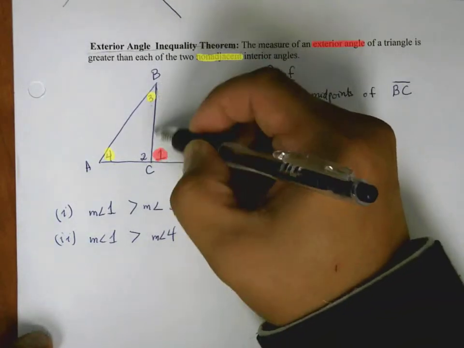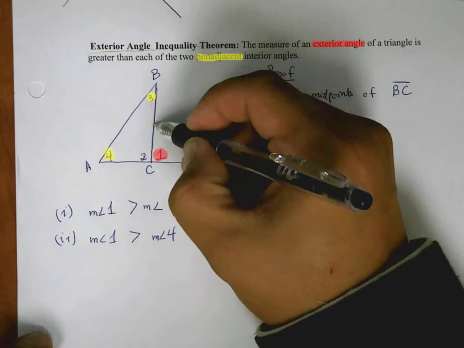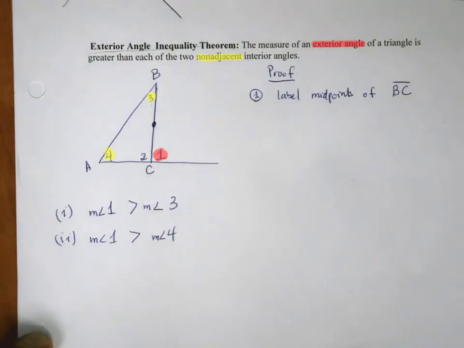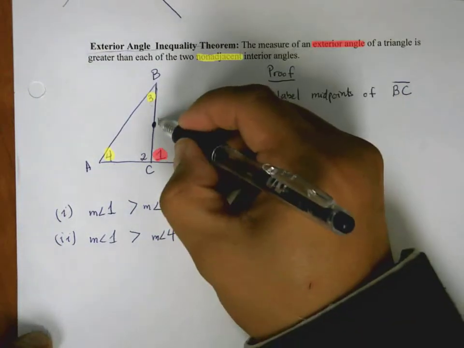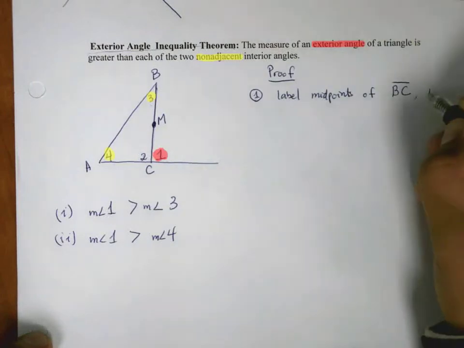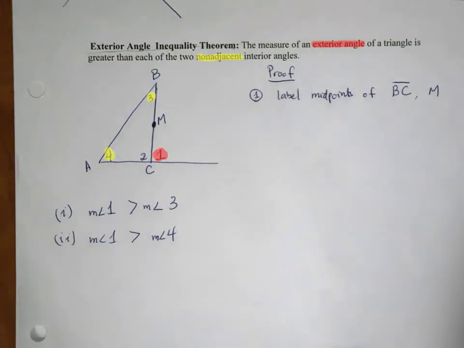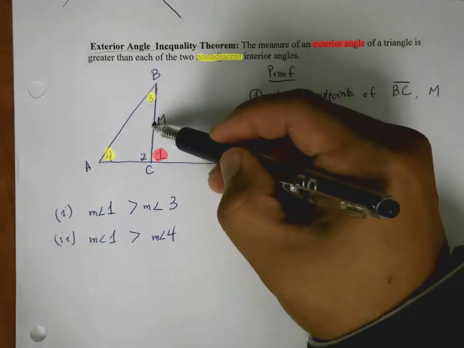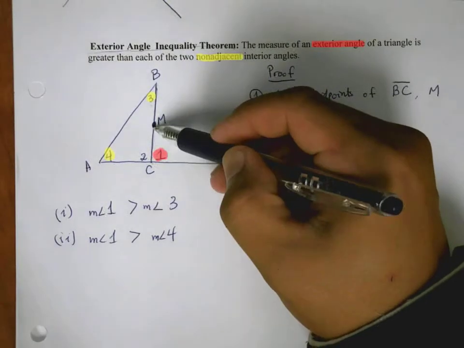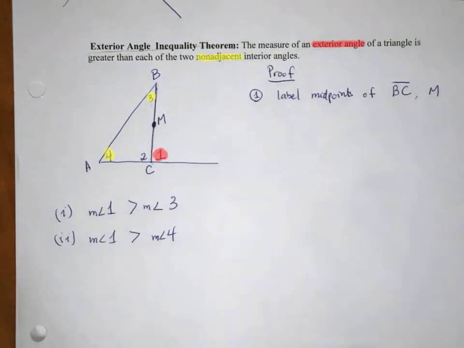I don't know exactly where it is, but let's say that I found it, and I'm going to label it M. Since we've labeled it M, we can see that BM and CM are congruent because M is the midpoint. But we'll get back to that in a minute.